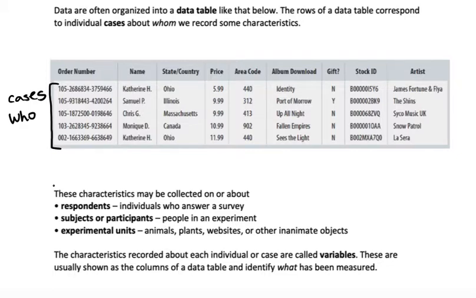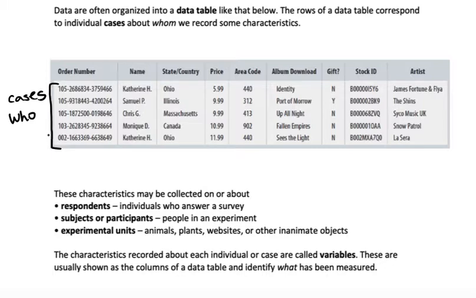If we're doing an experiment, then we can call our cases subjects or participants. If they are inanimate objects, websites, things like that, we would call them experimental units. So for this table, we would call our cases experimental units because they are orders. They're not people, although each one is made by a person. The cases themselves are inanimate objects.